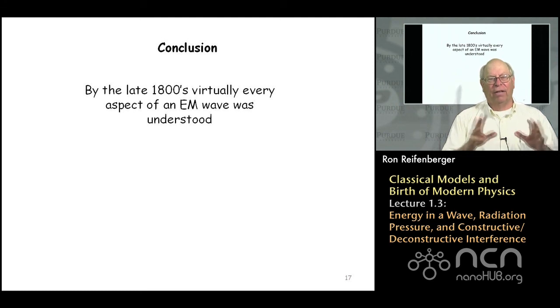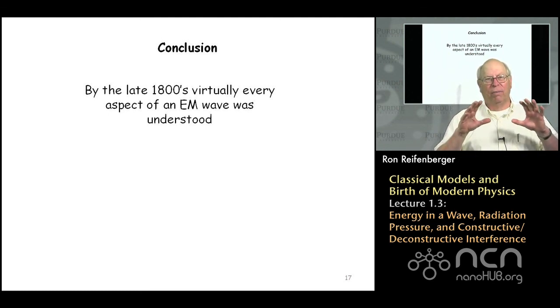And so this laid the groundwork for novel experiments that were performed in the late 1800s. These experiments were interpreted in terms of a lot of the concepts that I've reviewed in this lecture, and the comparison between experiment and theory failed miserably.